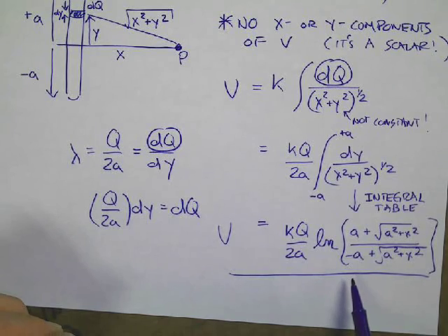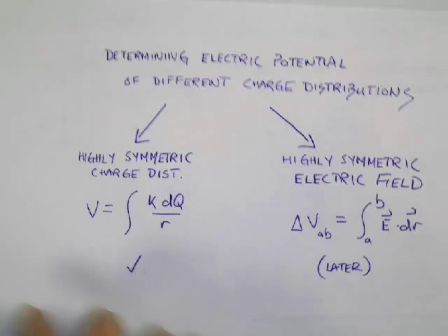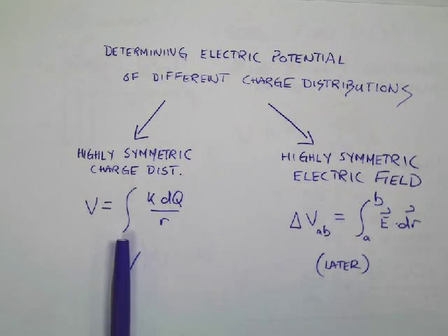Okay, so let's wrap it up here. Today what we've done is we've looked at a technique for determining the electric potential in situations where you have highly symmetric charge distributions. Things like taking charge and putting it on a ring, or taking the charge and spreading it out along a line.